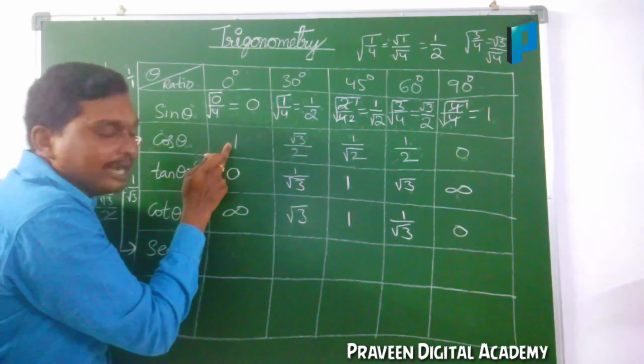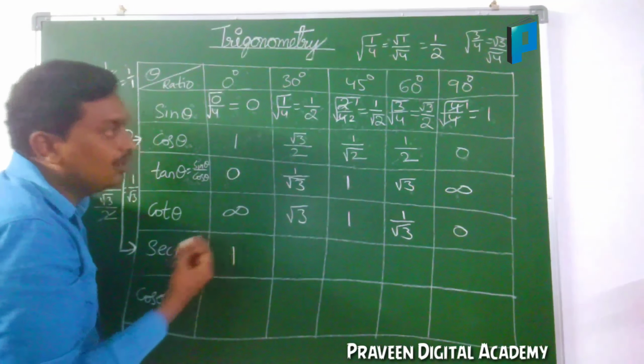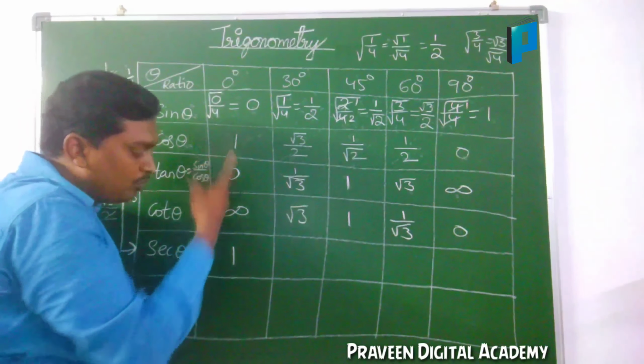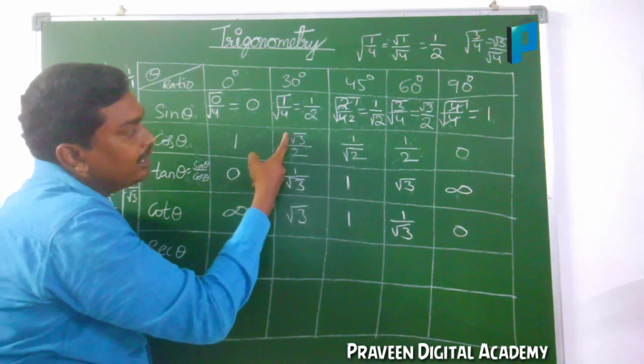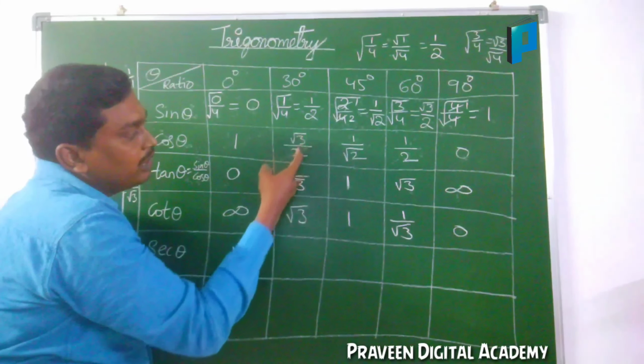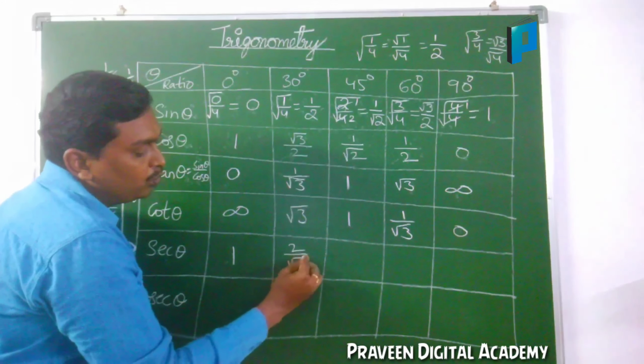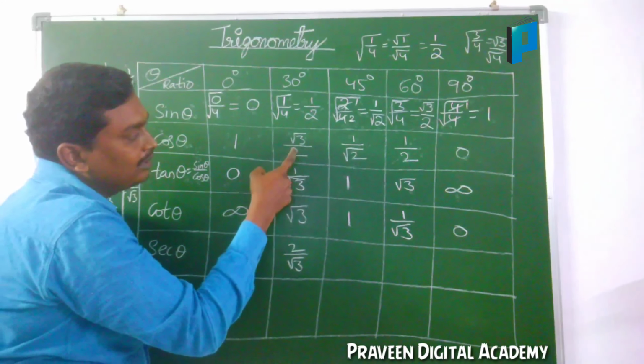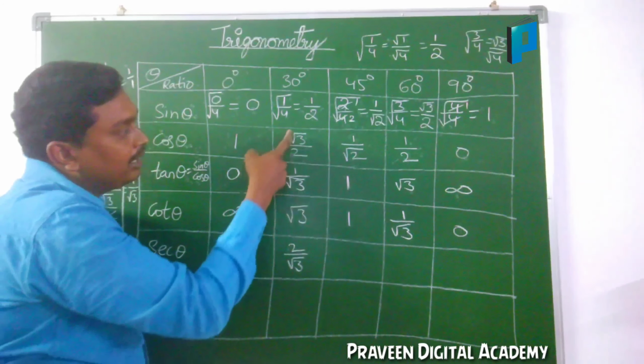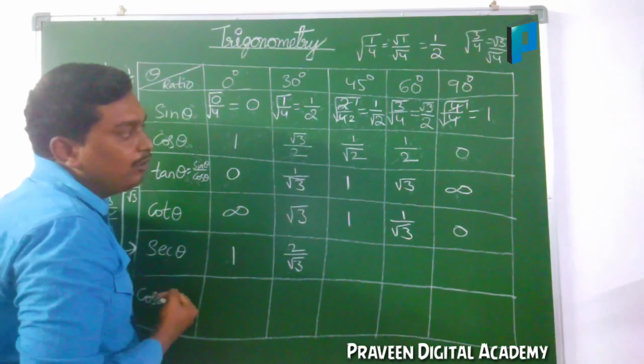Always the reciprocal of 1 is 1 only. Here the reciprocal of root 3 by 2 is 2 by root 3. Reciprocal means the denominator becomes the numerator and the numerator becomes the denominator.